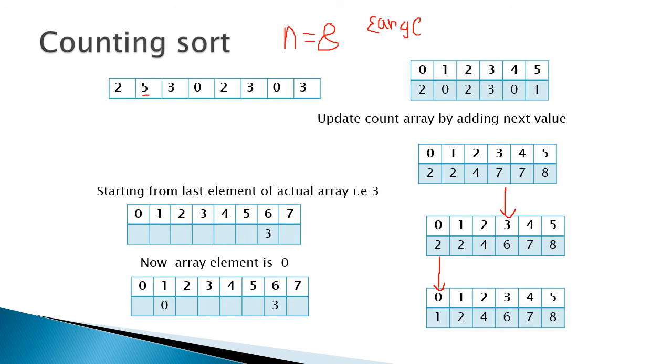If the range is 0 to 5, we also have to find out our k value. Our k value is 5. The maximum element in the array is our k value, means k is equal to 5. It means that our array elements lie between 0 and 5.